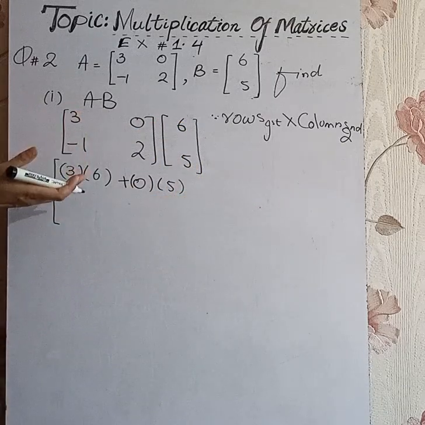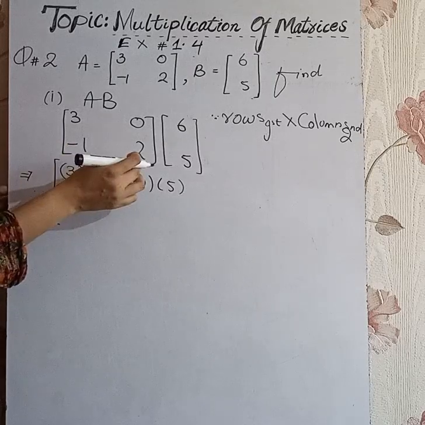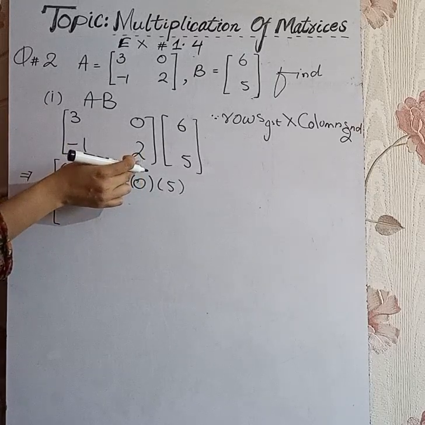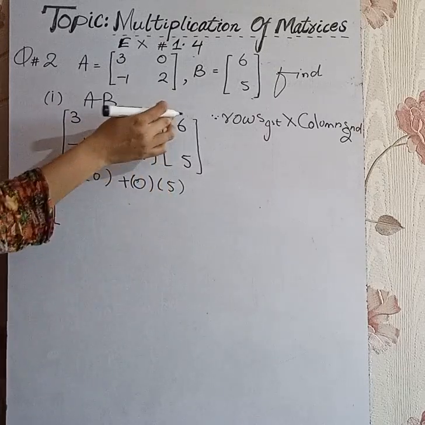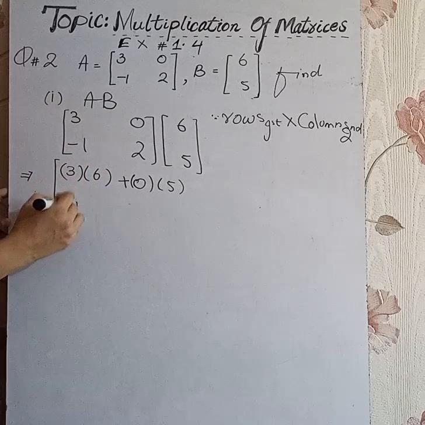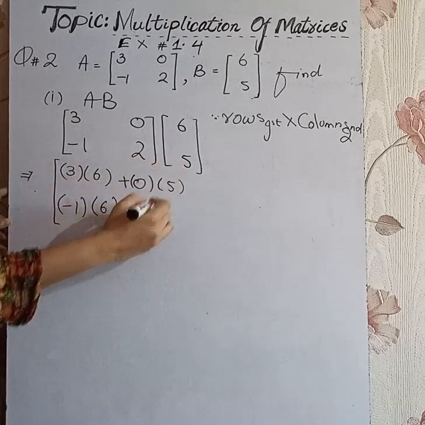Then we will move towards the second row, that is -1, 2. That will be multiplied to the column of the second matrix, 6, 5: -1 multiplied by 6 plus 2 multiplied by 5.